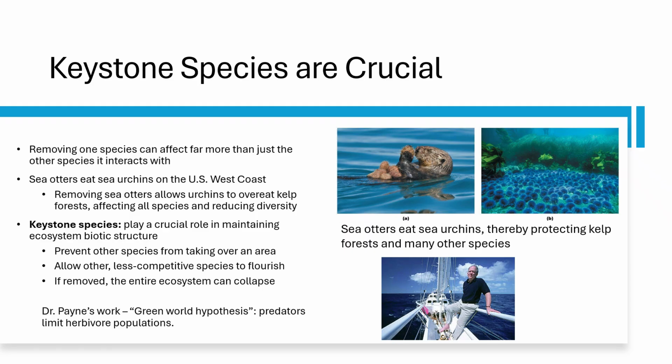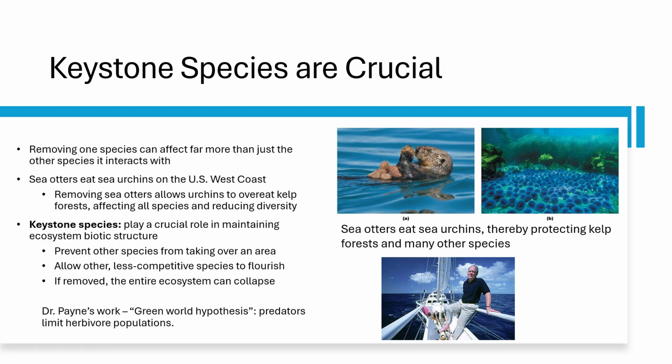Dr. Paine, in the 1970s, proposed the green world hypothesis. Today we have organisms like plants which can capture the energy from the sun and pass it on to animals. Dr. Paine proposed that in order to regulate the population of herbivores, you have to have predators.